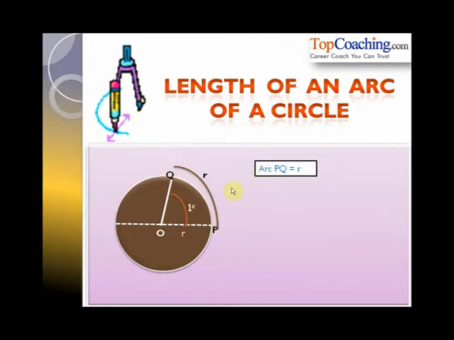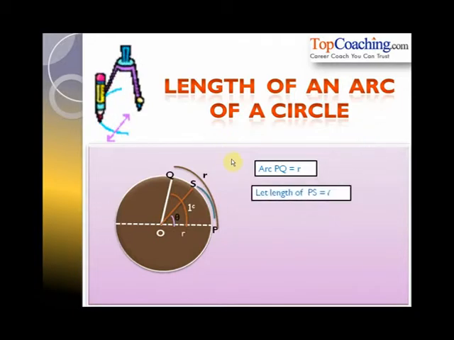Now let us draw an arc from the point P such that the end point is S, and we join this point S to the center of the circle O. Now let's say that the angle subtended by this arc at the center is equal to theta. So we have to find the length of the arc PS. Let us suppose that the length of this arc PS is equal to L units.